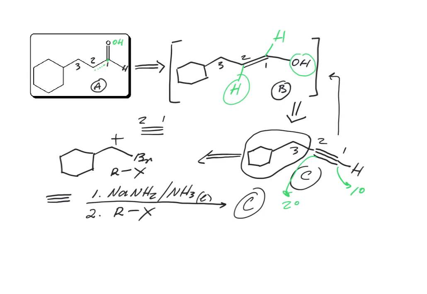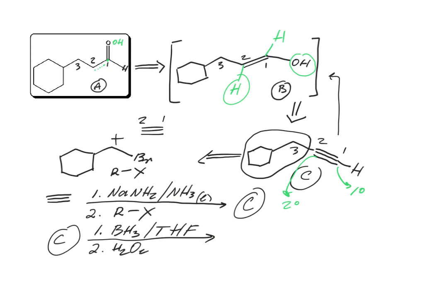So I need non-Markovnikov conditions, which is a two-step reaction, addition of organoborane R2BH or BH3 in THF, followed by oxidation using hydrogen peroxide as the oxidizing agent under basic conditions. So we need some kind of base in aqueous medium so that the base will dissolve.